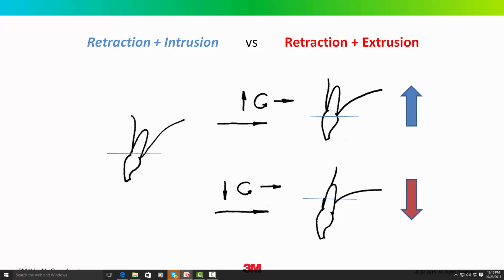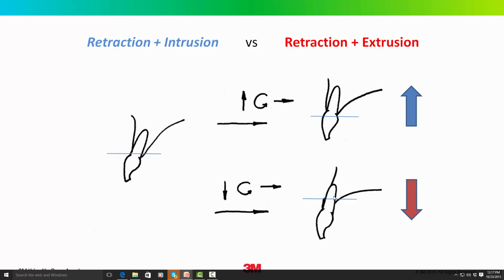When we talk about retraction of incisors, and for example in a class 2 case where we're retracting the incisor, I believe that those teeth fare much better when they're retracted and intruded at the same time, because when you're retracted and retruded, you're going into a thicker area of alveolar housing, versus a patient perhaps with an open bite where they're being retracted and extruded.